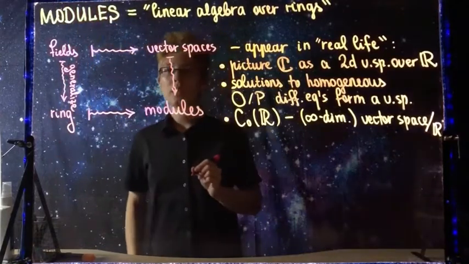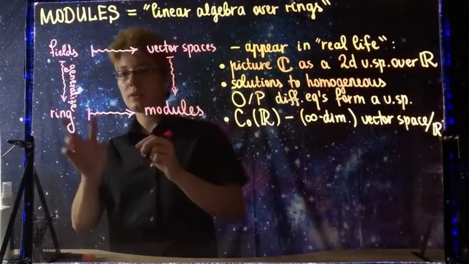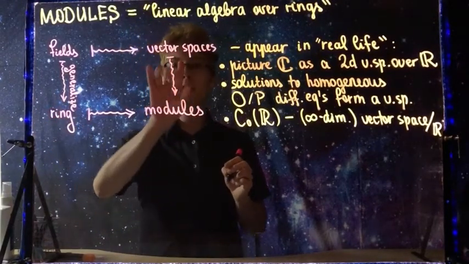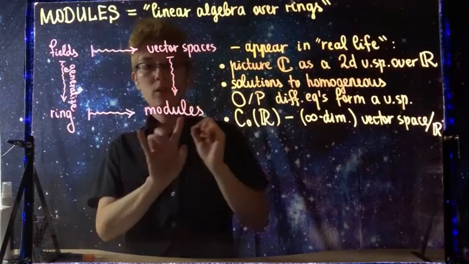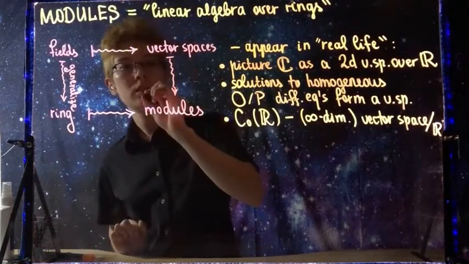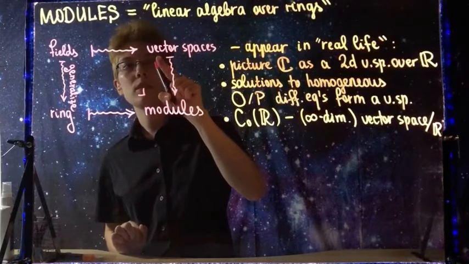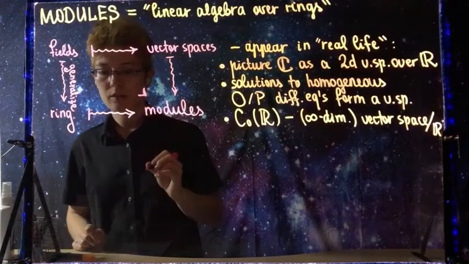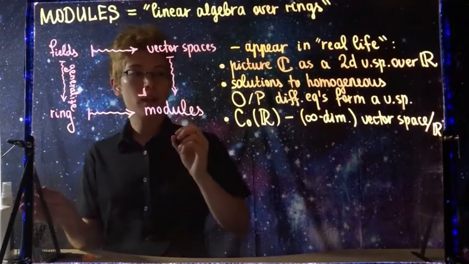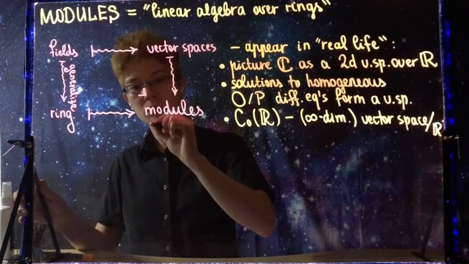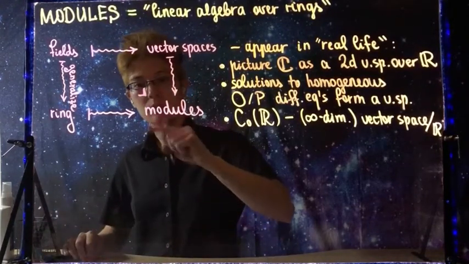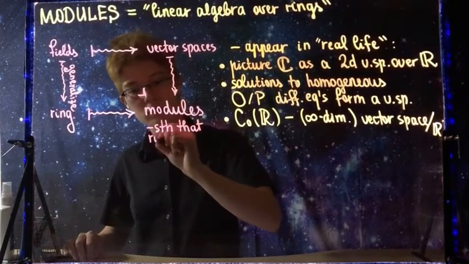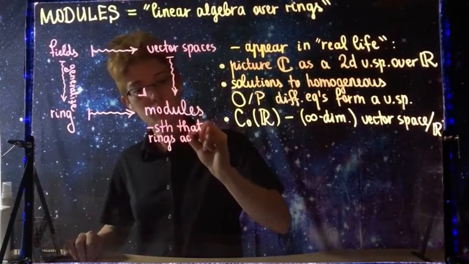But as we will see later, just like rings, they have many peculiar properties that distinguish them from vector spaces. So modules are some sort of generalization of vector spaces for rings. This is what I mean by drawing this angle here. And they are also something that rings act upon.